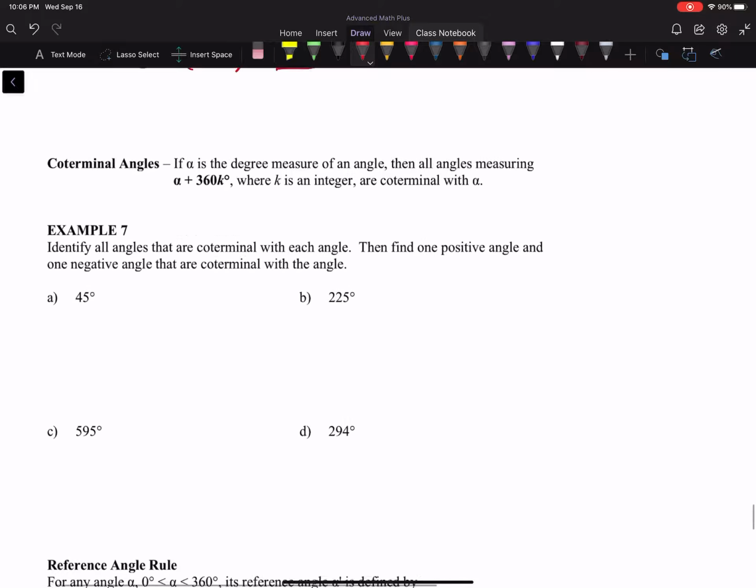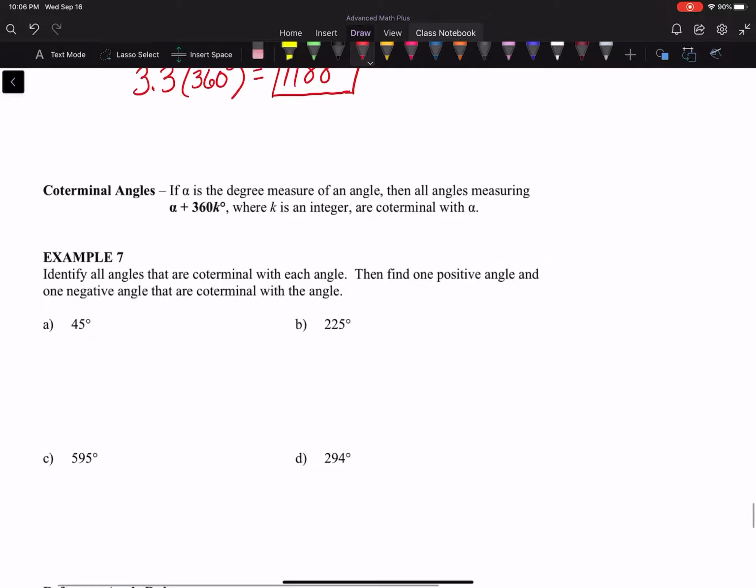So just to try to explain this a little bit, if I drew an angle over here, and we'll make it as easy as I can, 45 degrees. Okay, well that's just to there. Our angle, we could keep going if we wanted to. We could keep going all the way around and come back to it.